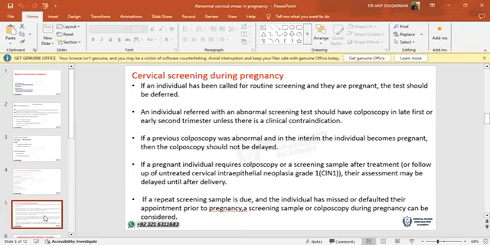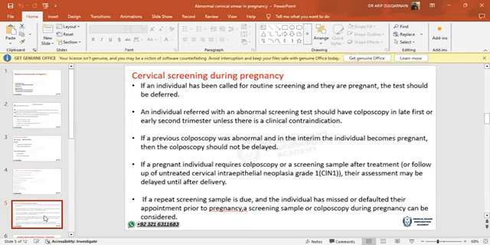So if the smear result is abnormal, you can plan the colposcopy in the late first trimester or the early second trimester. And the next is if a previous colposcopy was abnormal and the individual becomes pregnant, then the colposcopy should not be delayed. If the previous colposcopy was abnormal, the follow-up colposcopy should not be delayed.